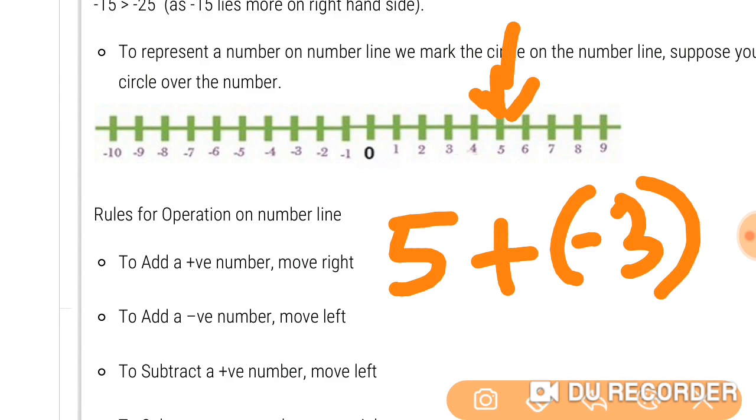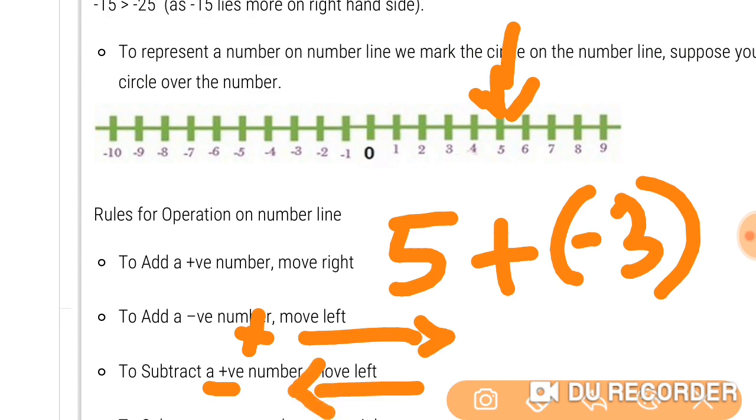Okay. Then addition, in the sense, we have to go with positive means right side, negative means left side. So in this addition, negative is there, so we have to go left by how much? 3 times. 1, 2 and 3. So this is your answer.